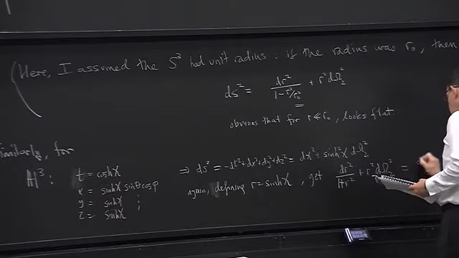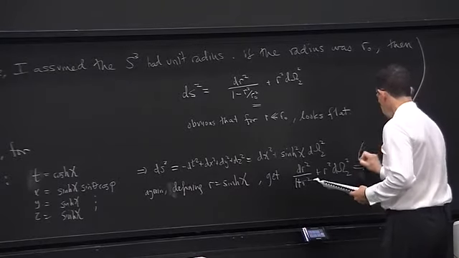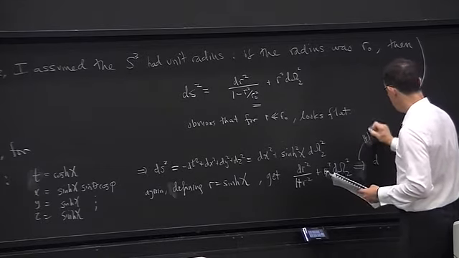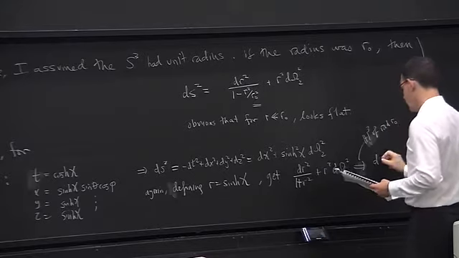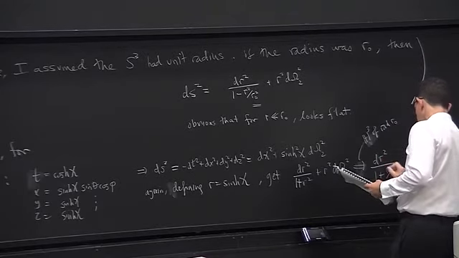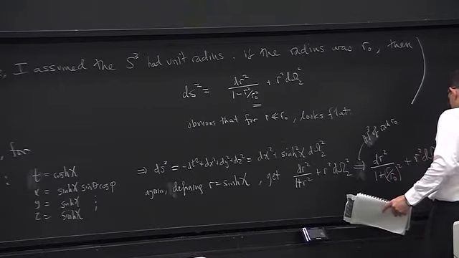And if we restore H3 of radius R0, we get dr squared over 1 plus r over R0 squared plus r squared d omega 2 squared.